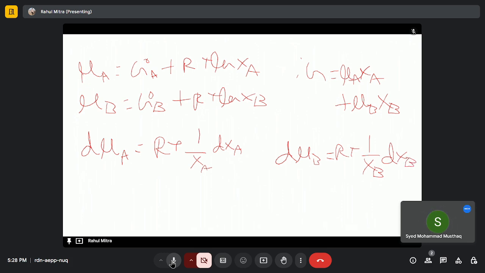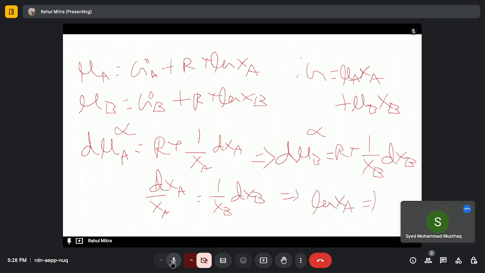Now these two must be equal. Suppose I am talking about alpha phase, then what happens? So 1 by x_A dx_A equals 1 by x_B dx_B. This will be equal to ln x_A equals ln x_B plus c, and because if you start deriving it will turn out to be 0, so ln x_A equals ln x_B.